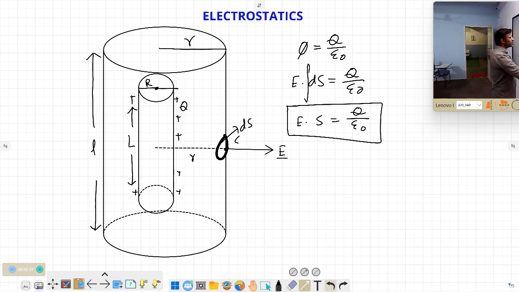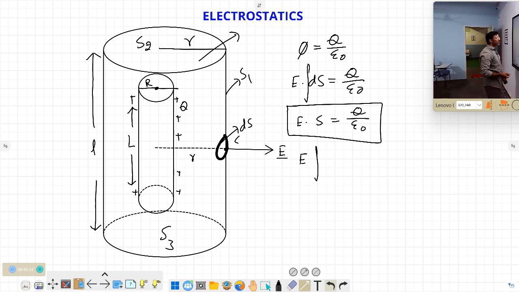So in this case, the surface area of the body is E into the integral. We have totally 3 surface areas here. This is one surface area, this is another surface area, the top one, and the bottom one is another surface area. I am taking this as S2, this other one as S3, and the outside surface area as S1.